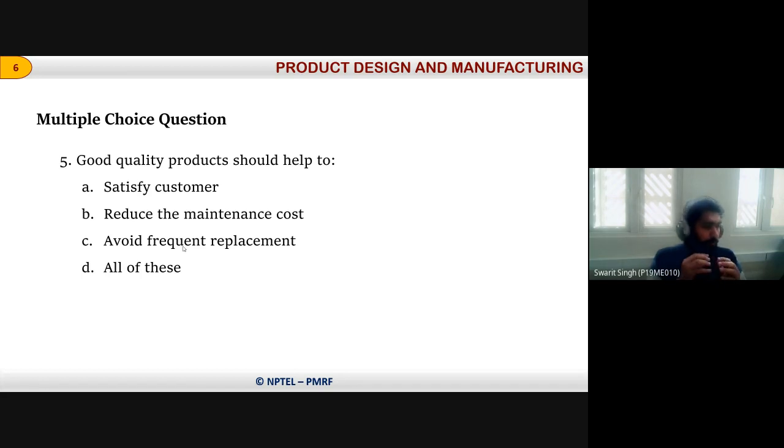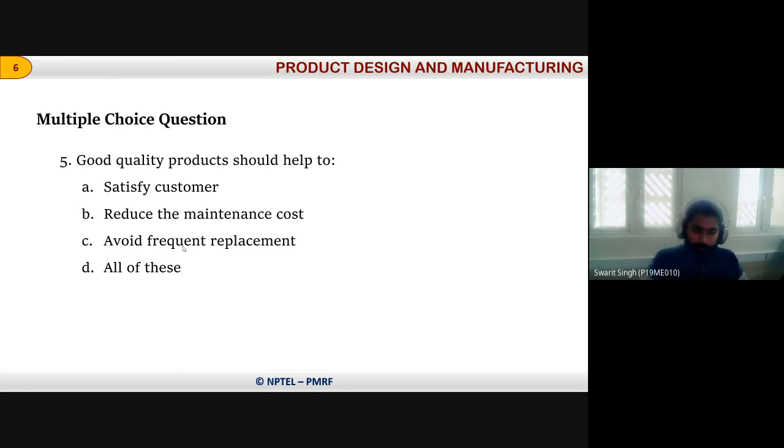A good quality product should sustain for a longer life. We purchase it once and it runs for a certain period of time, maybe 1 year, whatever is feasible for that product. So a good quality product should help with all of these things.